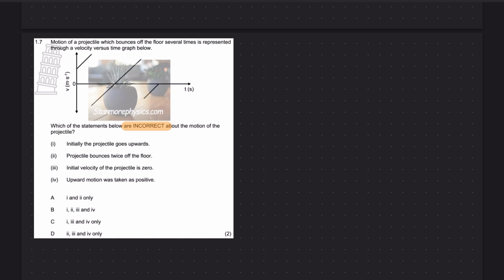So when I see a question like this, what comes to my mind is the shape of the graph. I know that the gradient of a VT graph gives me the acceleration. If the graph is shaped like this, then this is a positive slope, and if it's sloped like this, that is a negative slope.